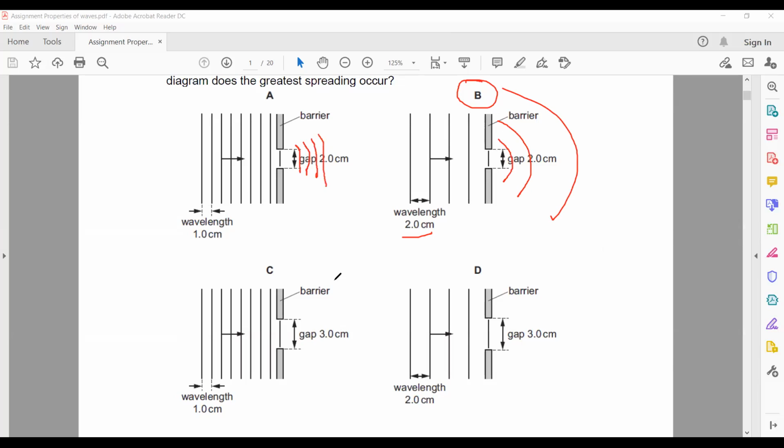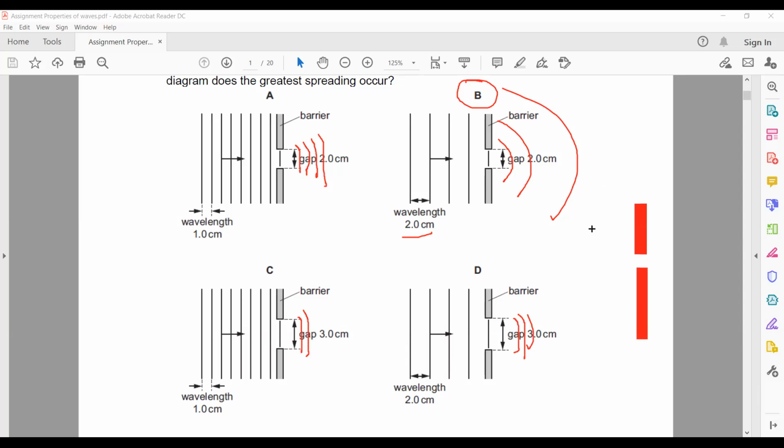This kind of pattern will be there. Here the gap size is much bigger, again very small diffraction. Here the wavelength is smaller and the gap size is again bigger, so small diffraction. But when the gap size is smaller than the wavelength, diffraction will occur, but compared to the equal one, it is less.